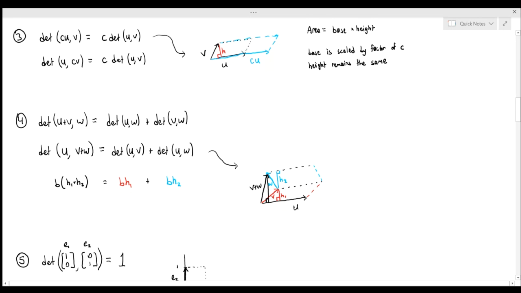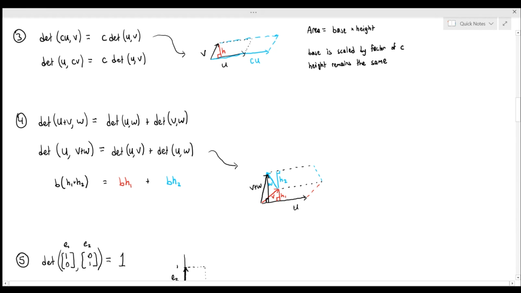And again, I drew a picture to try to explain geometrically why these properties would hold for the determinant. So let me explain what's going on in this picture. I'm trying to explain why this one in particular is true. Here I have the vector u, and here in red is the vector v.